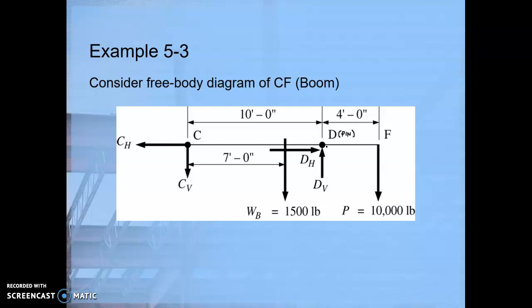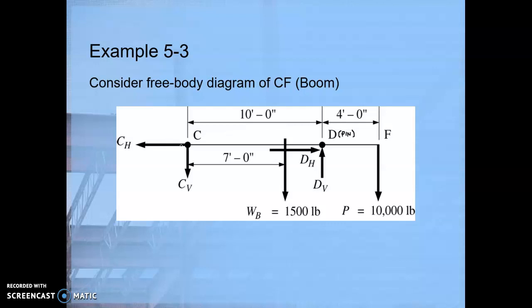And that is how we need to think about it. How is the pin affecting the framing member? So it's pushing it up, it's pushing it to the right. Then we have the self-weight of the boom, which we were given as 1,500 pounds, and we are going to treat that as an individual point load that acts at the midpoint of the framing member. So if it's 14 feet long, that's 7 feet. Oh, look, it's already written there. I guess I didn't need to do that.